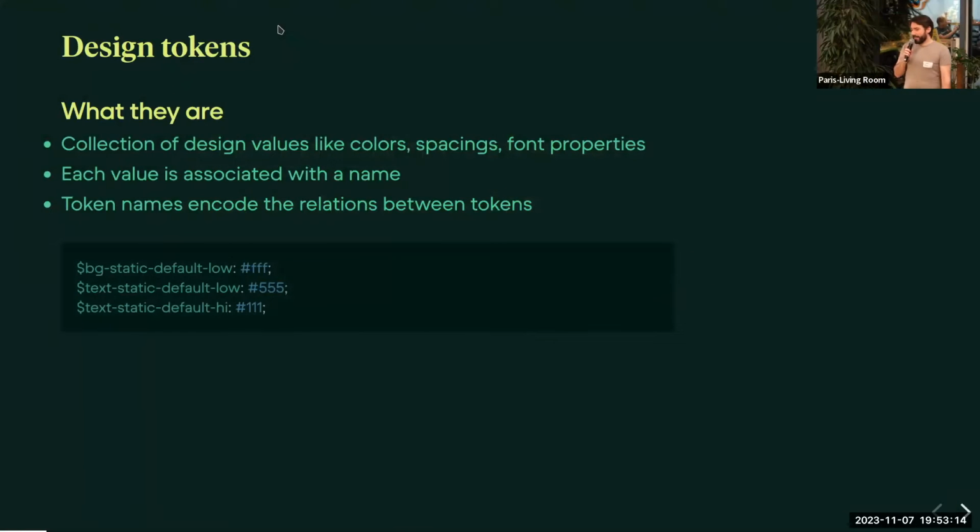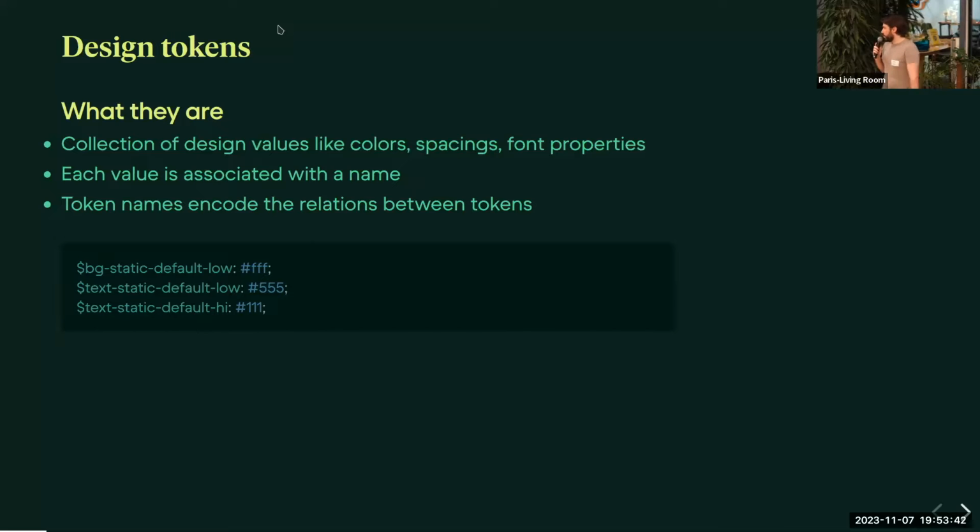Right, so design tokens, I'm sure many of you know, but they're collections of design values like colors, typography, spacings that you use to draw your UIs. And the idea of design tokens is each of them has a name and you have relations between the different names. So a token itself is not very useful, but a token system allows you with relations between the tokens to consistently create UIs.